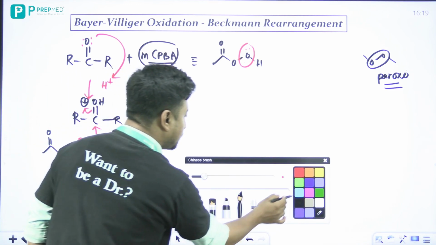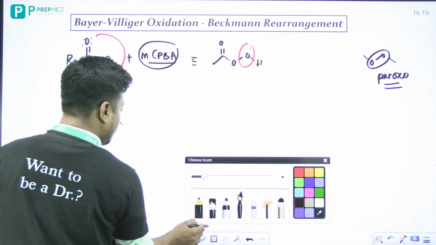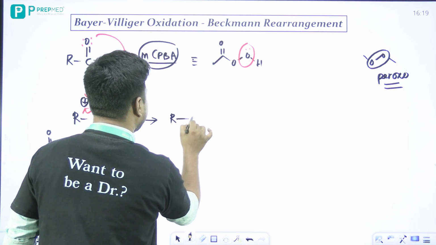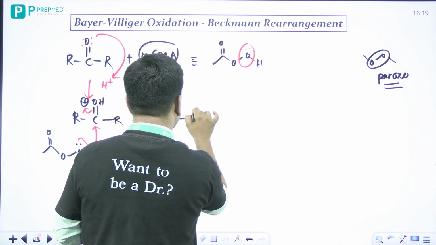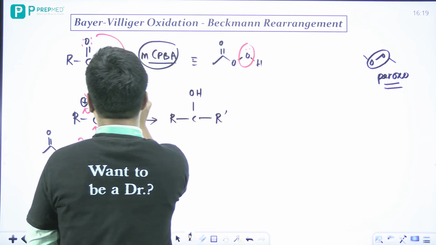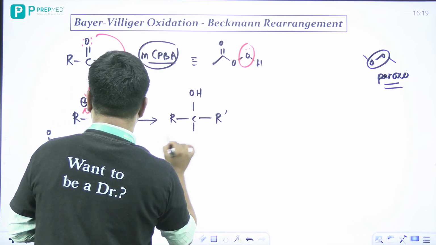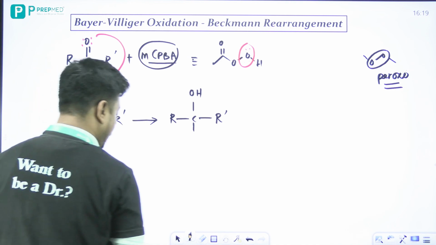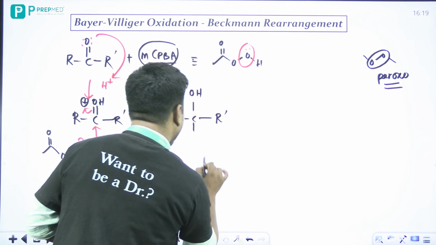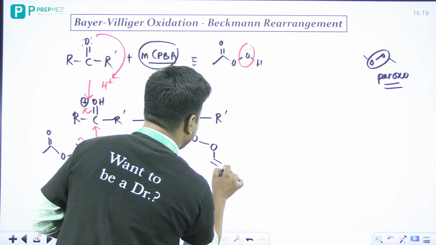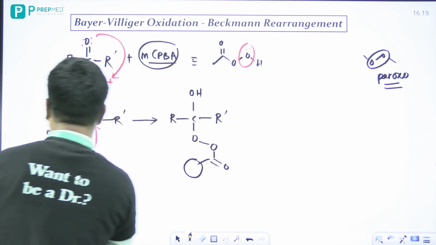So what is the next product? Let's see. Next thing is R C OH R prime, here H, here H, R prime, O, whatever moiety is here.